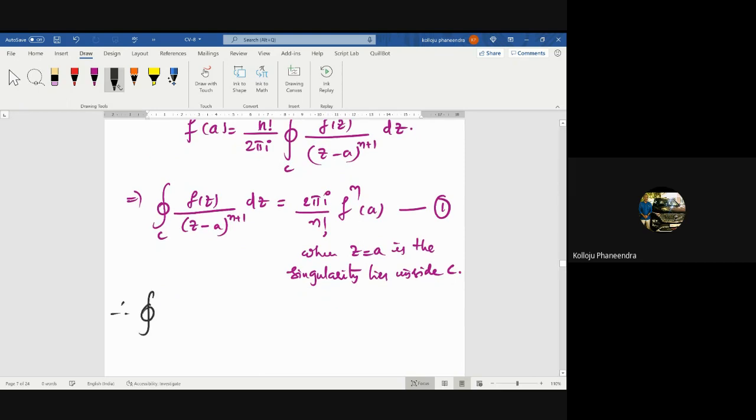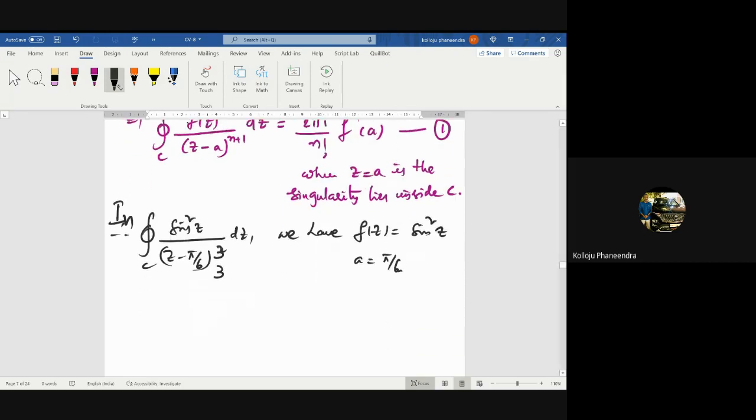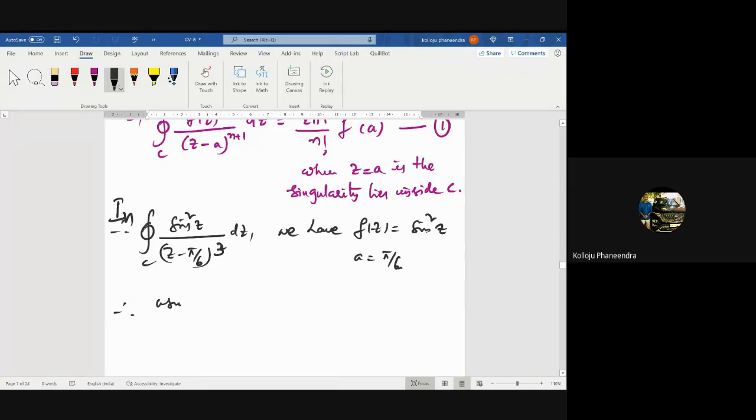Now coming to our problem: the integral over C of sine square z by z minus pi by 6 whole cube dz.